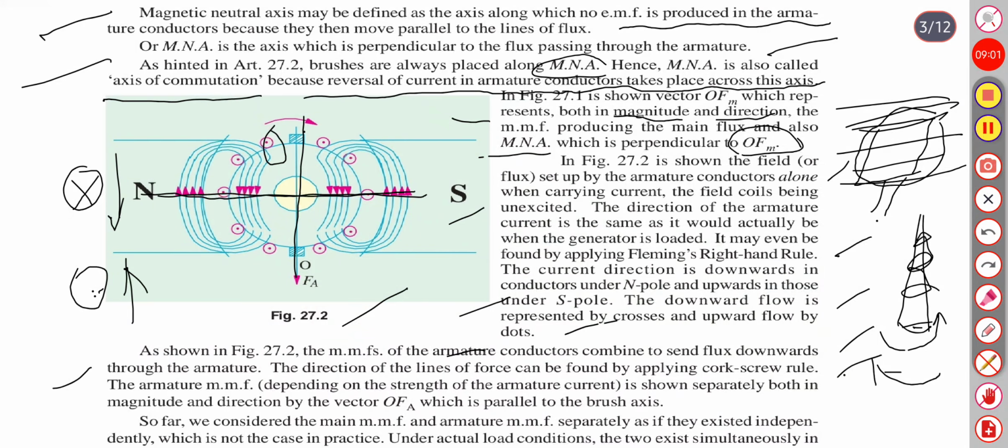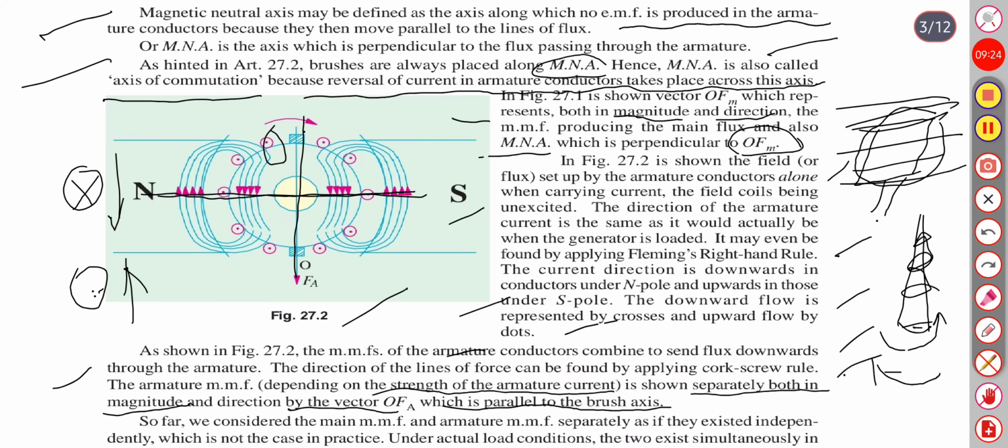So this is called the corkscrew rule. The armature MMF, depending on the strength of the armature current, is shown separately both in magnitude and direction by vector OFA, which is parallel to the brush axis.